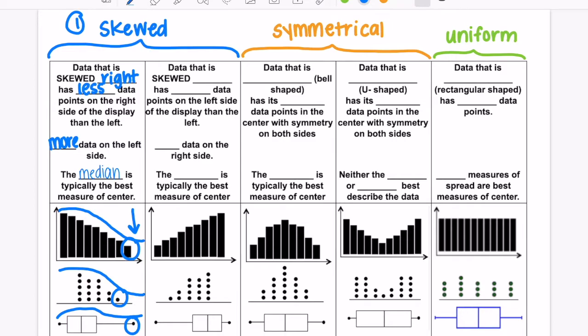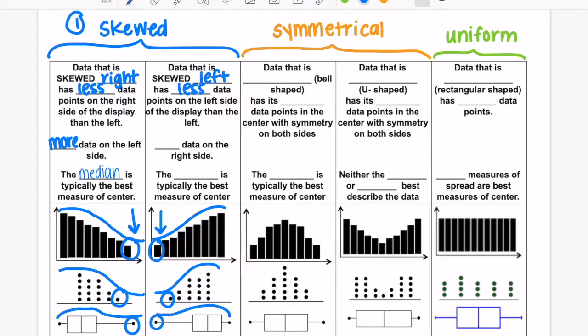Now moving on to the next skew, we have these data distributions where the tail is on the left side. When your tail's on the left side, we would say that it is skewed left because there's less data on the left.